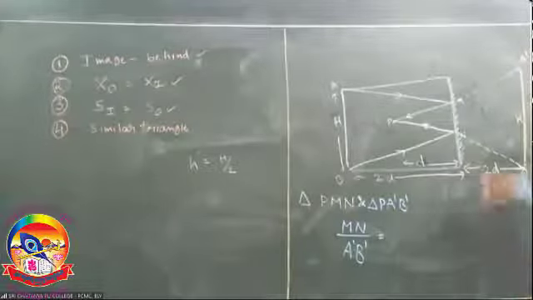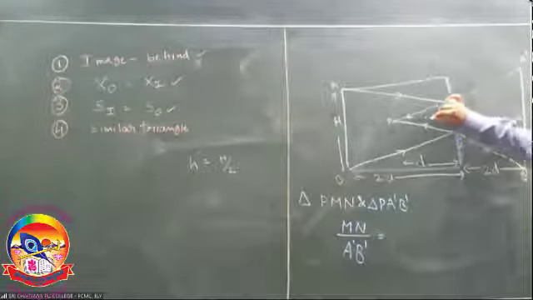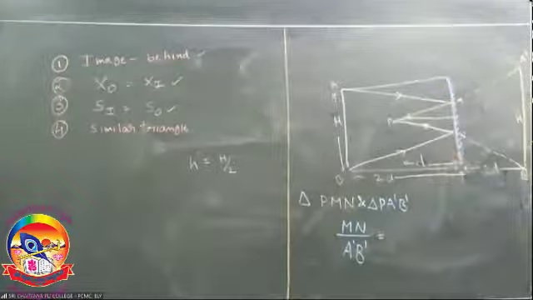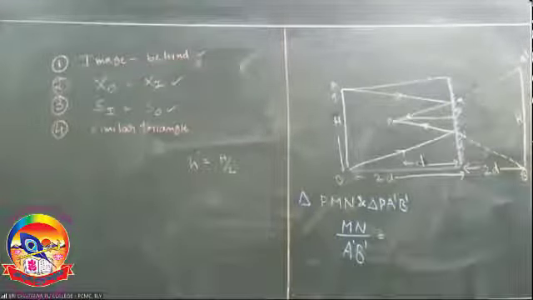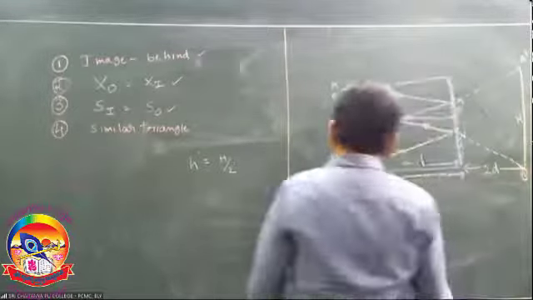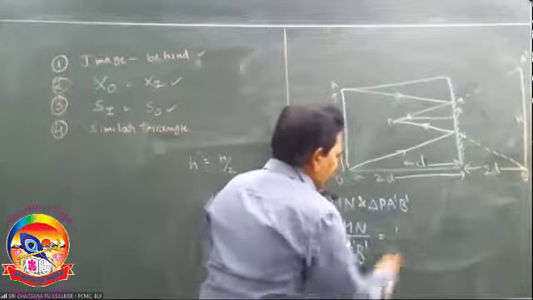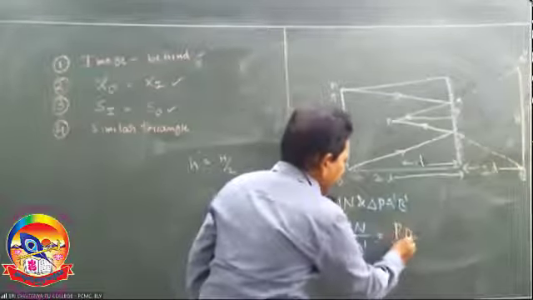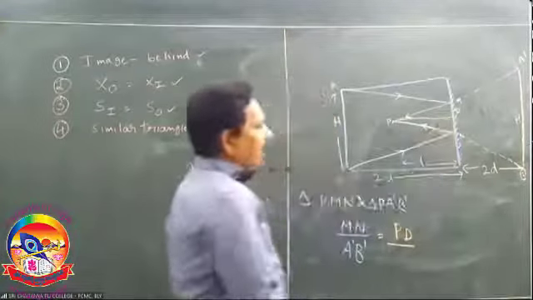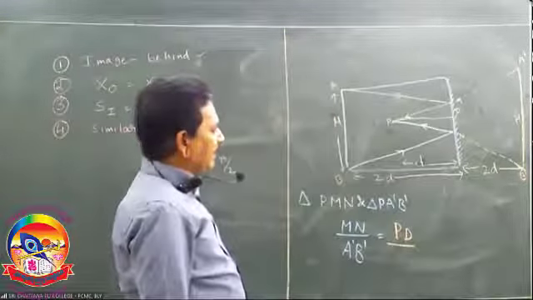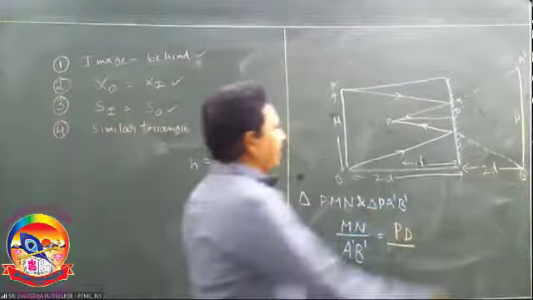Now write down the altitude. Suppose this is D. That is PD, the altitude of the triangle PMN. Now the altitude of the bigger triangle P A dash B dash.